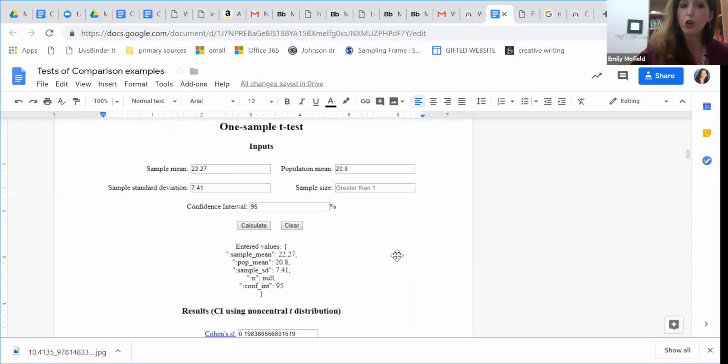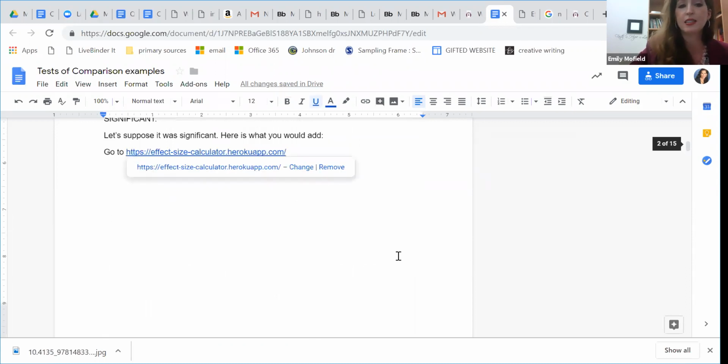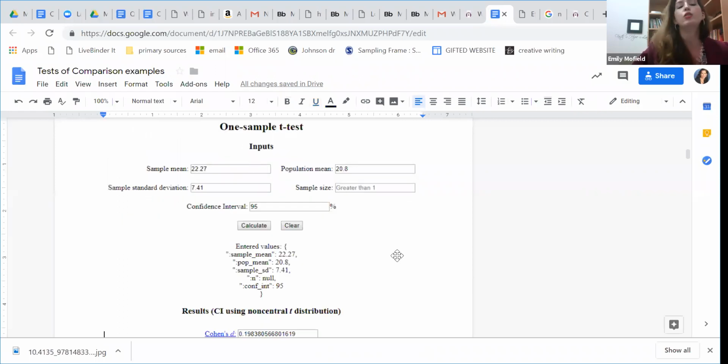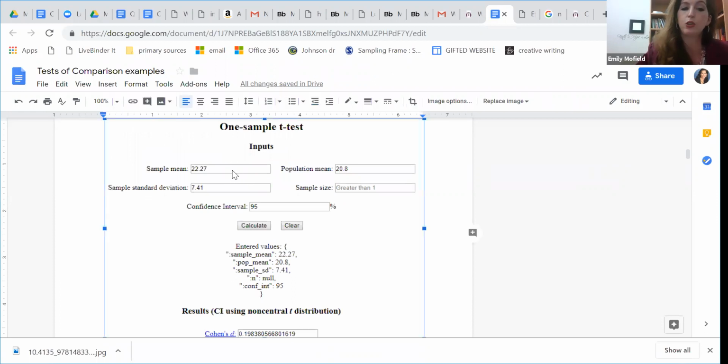So I'm going to go on and show you how you would calculate the effect size. There's all kinds of effect size calculators online, I like this one here. And so I go to the one sample t-test and I enter my sample mean for Mount Juliet High School compared to the expected mean, 20.8 of the population, the national average. And I put the standard deviation for my sample, set this confidence interval at 95.